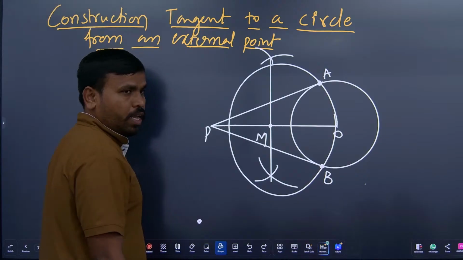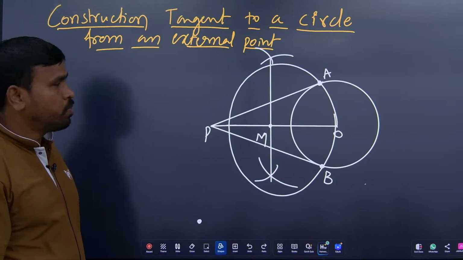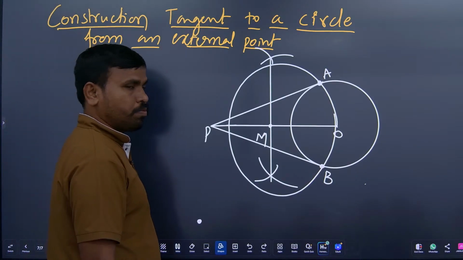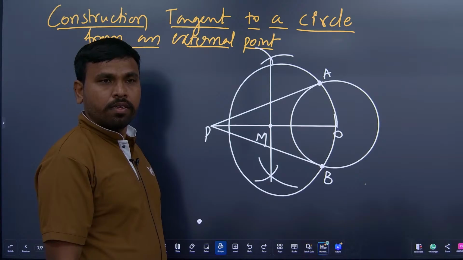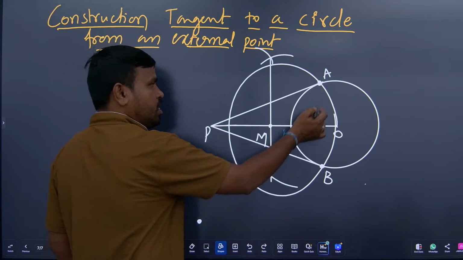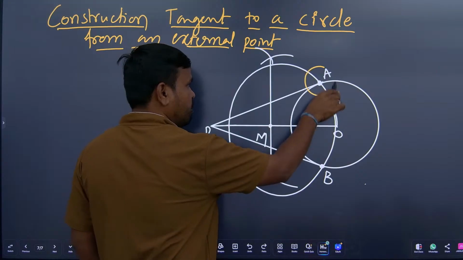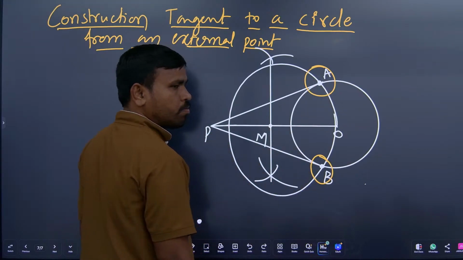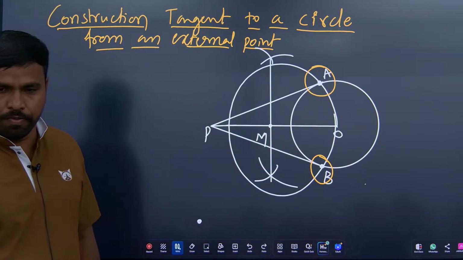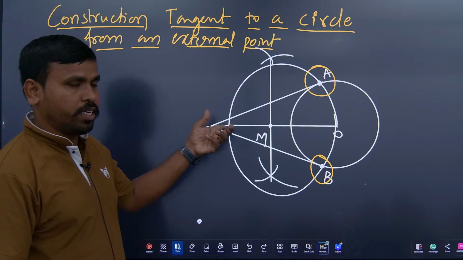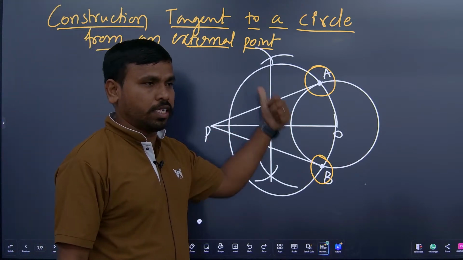These are the two lengths of the tangent. The major task is to find these points, the points of contact. To find those points of contact, we are doing all these constructions.